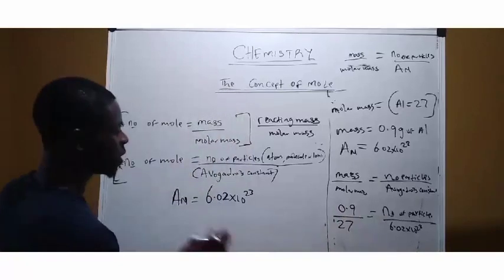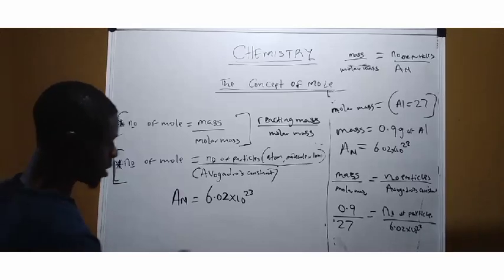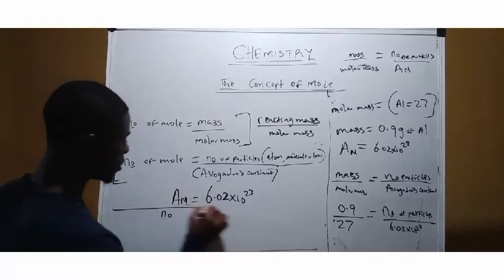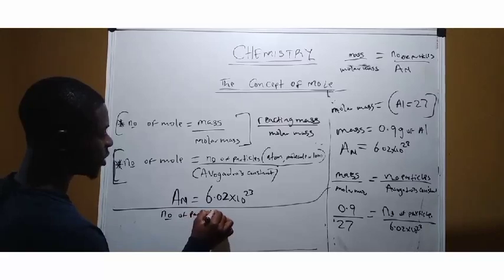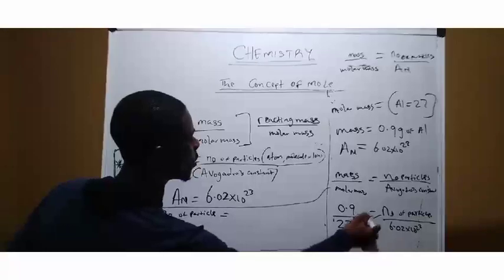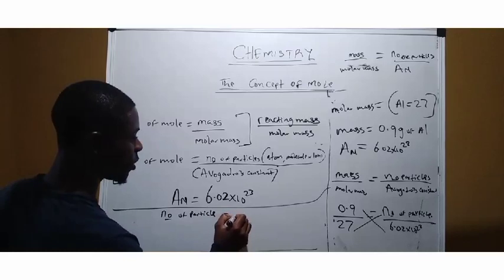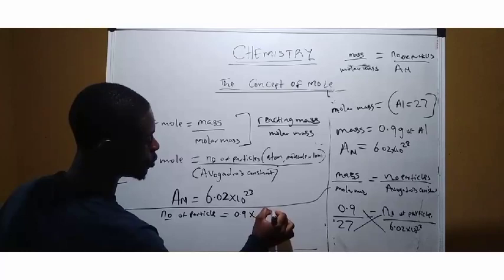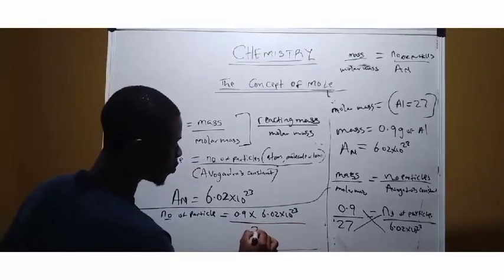Let me come back to this side of the board. Now we solve the formula for number of particles. We cross multiply, so we have number of particles equals 0.9 times 6.02 times 10 to the 23rd divided by 27.